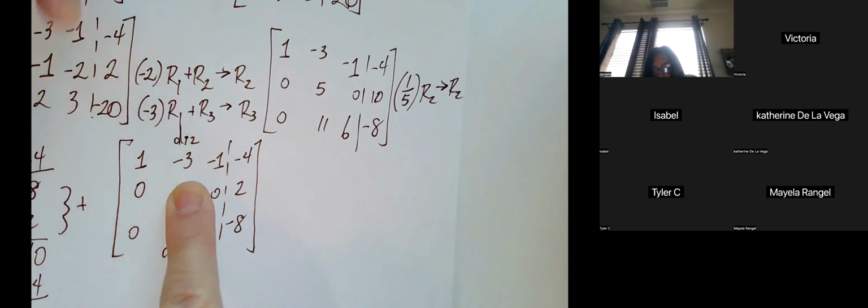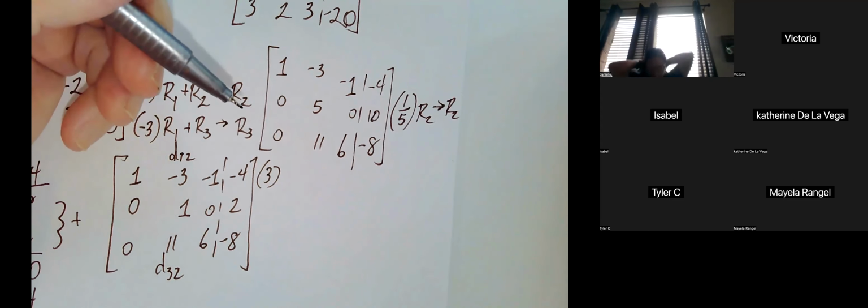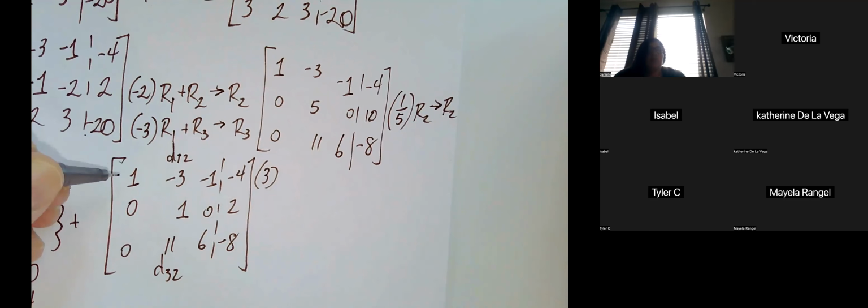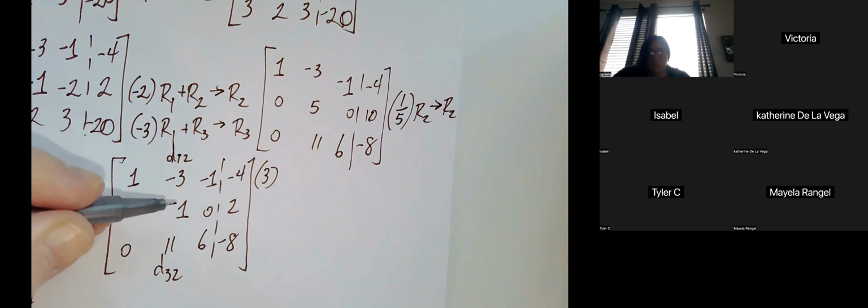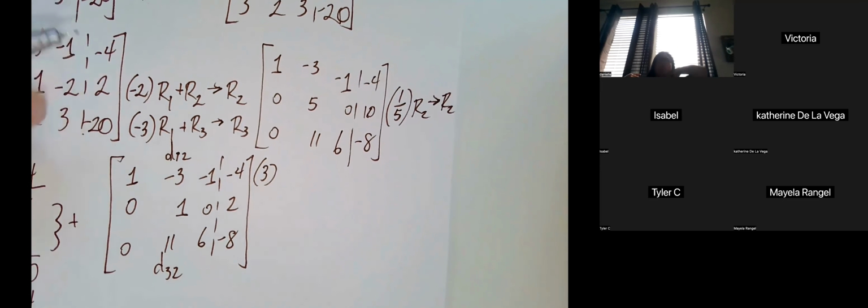To make -3 a 0, what are we going to do? Plus 3. And what row are we going to multiply this +3 by? What column are we in? 2. So we're going to use row 2. When we're in column 1, we use row 1. Column 2, we use row 2. Column 3, we use row 3, etcetera.